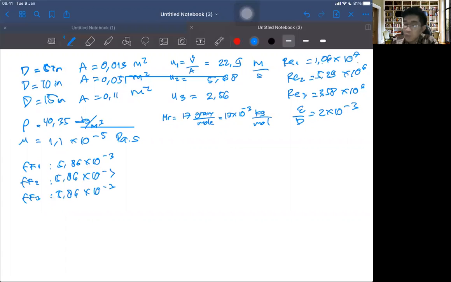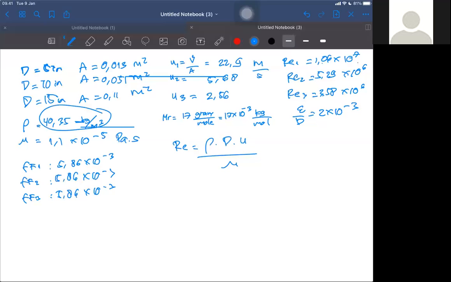Okay, then. Any question from other students up to this step? Sir, I am still confused about my Reynolds number because I couldn't get the number that Kevin got. So maybe I'm using a wrong value. Use this one, but the density is this one, right? 40.35 is already in standard unit, and then the diameter is this one.